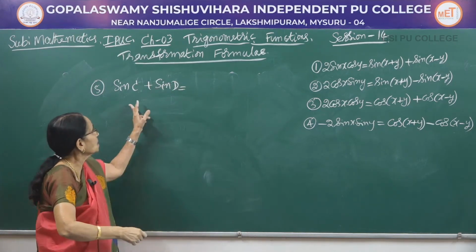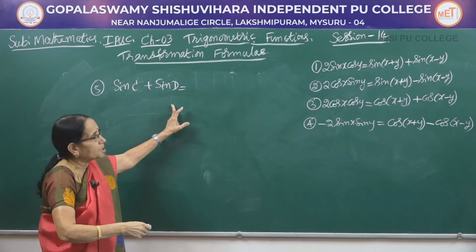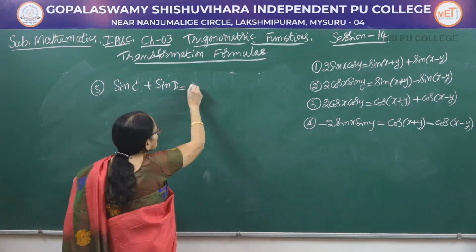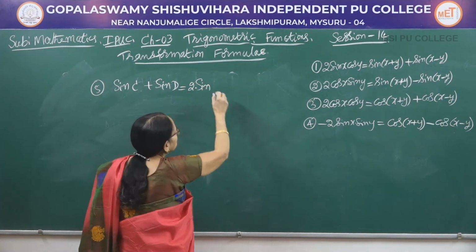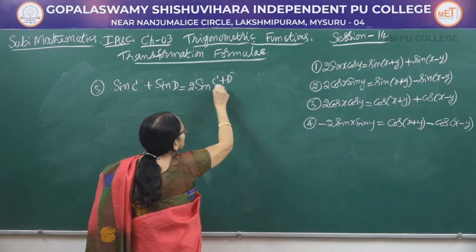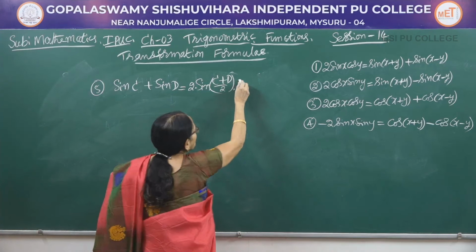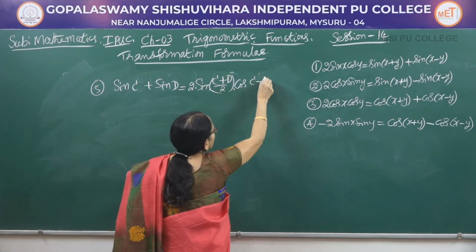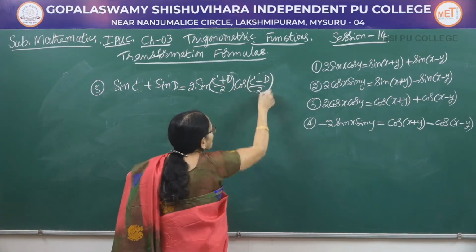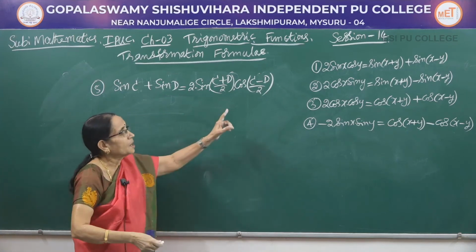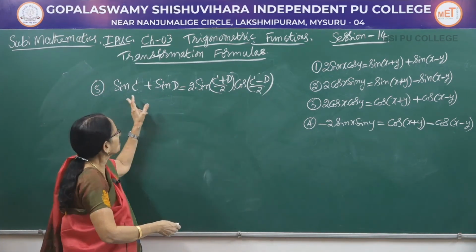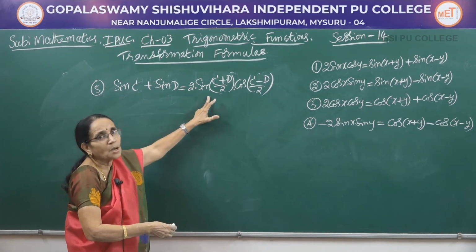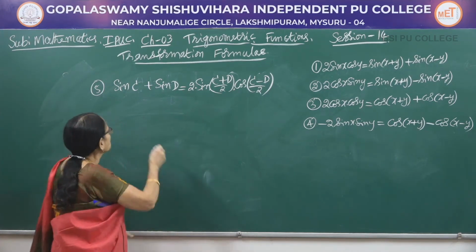You observe here, it is the sum of the two trigonometric functions. Now substitute on the other side: 2 sine of c plus d by 2 into cos of c minus d by 2. You observe here, there we converted the product into a sum of two functions, and here the sum has been converted into a product of two functions.